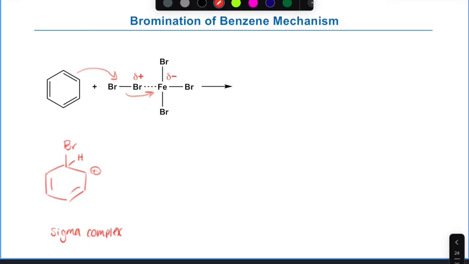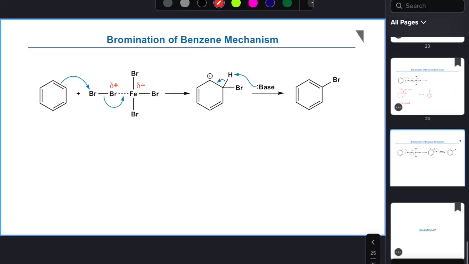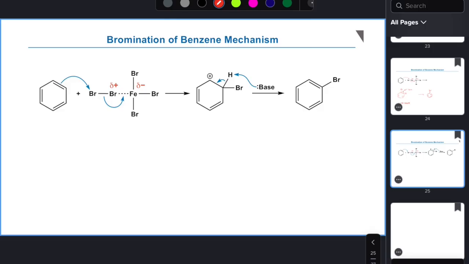And then using a base in the system to abstract the proton and regain aromaticity. So this is the mechanism drawn nicely.